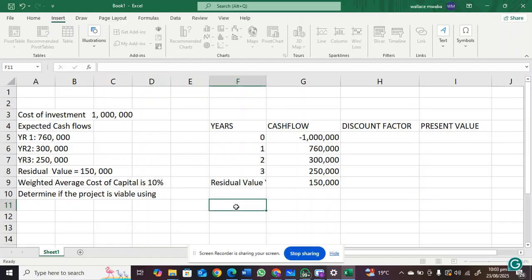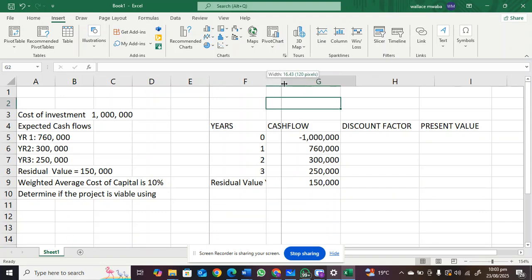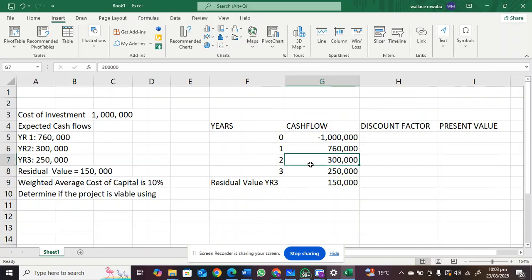Okay, if you want, we can even combine. We can add them. You just add 150,000 plus 250,000. Right. Then our discount factor. Okay, we get it from our present value tables.